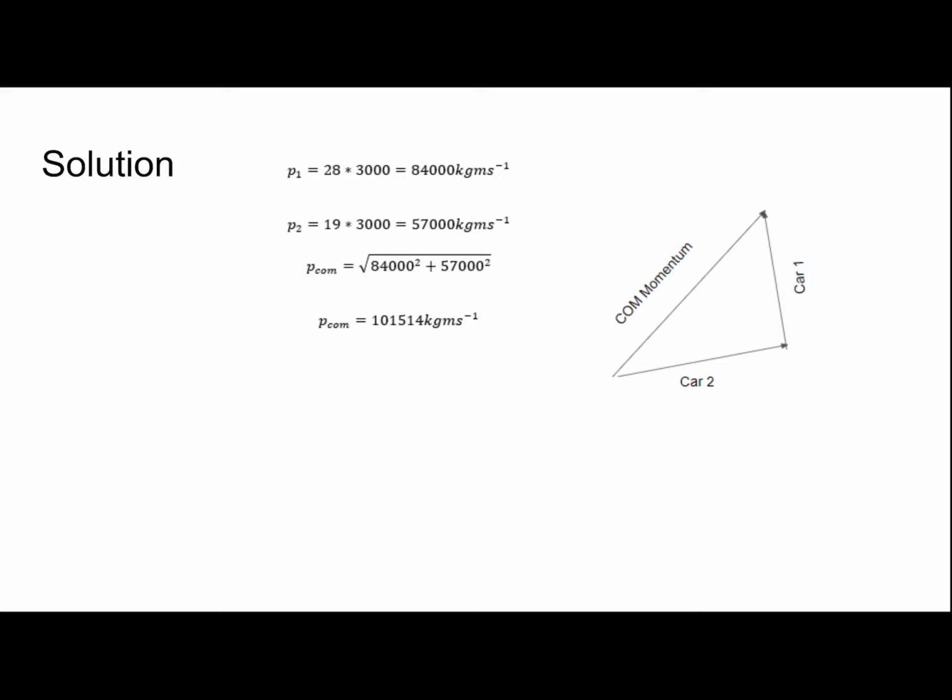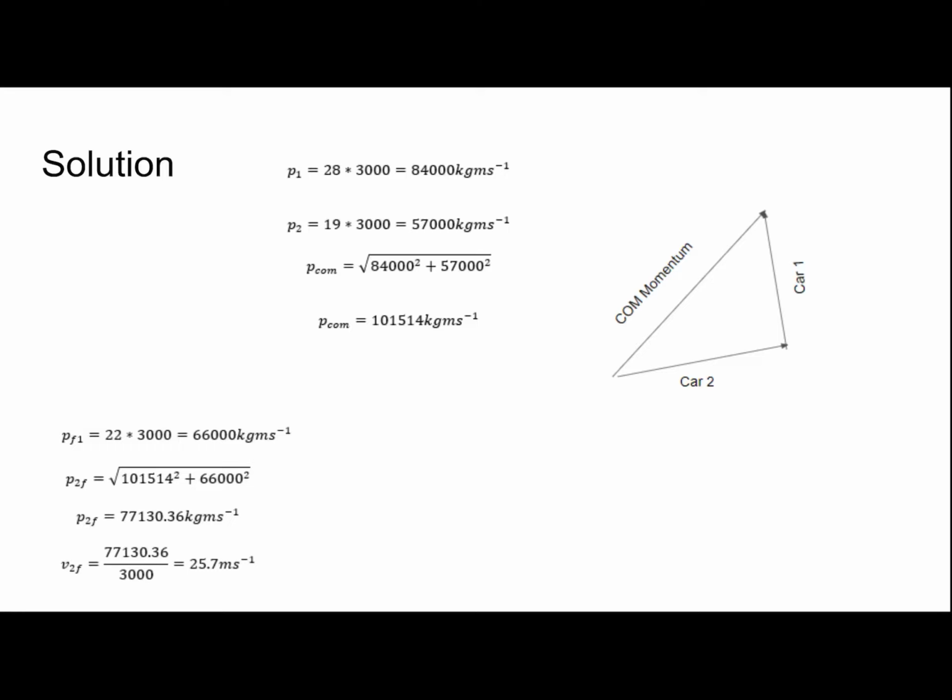Alright, in terms of finding the speed of car 2 after the collision, we're going to use that the final momentum is also equal to the momentum of the center of mass, which is 101,514 kilogram meters per second, in the same direction.